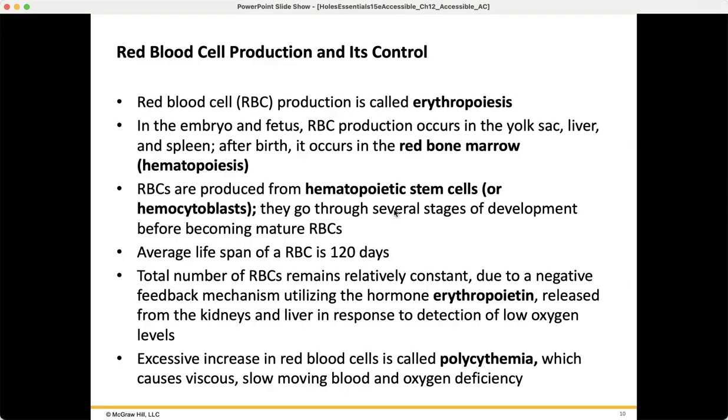And eventually, different factors, chemicals, are going to act on these stem cells, and they're going to become our different types of cells, one of which is going to be the red blood cell. So the chemical hormone that is acting on these hematopoietic stem cells to make them make red blood cells is erythropoietin. Again, it has that erythro name in it for the erythrocytes that it's creating.